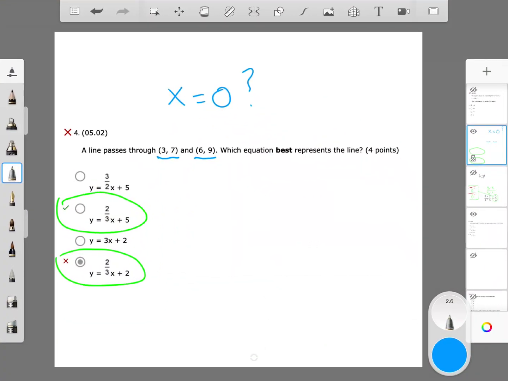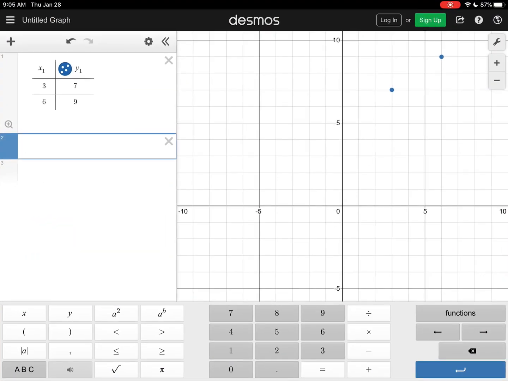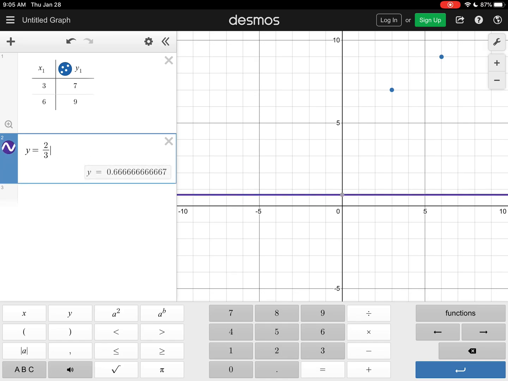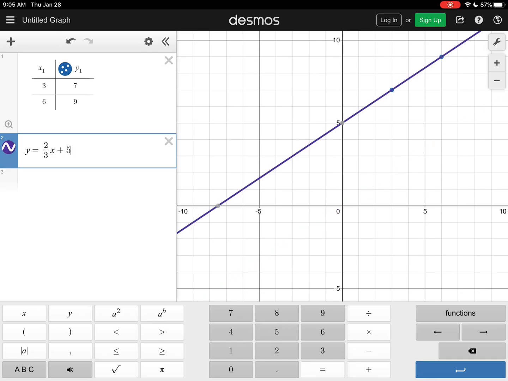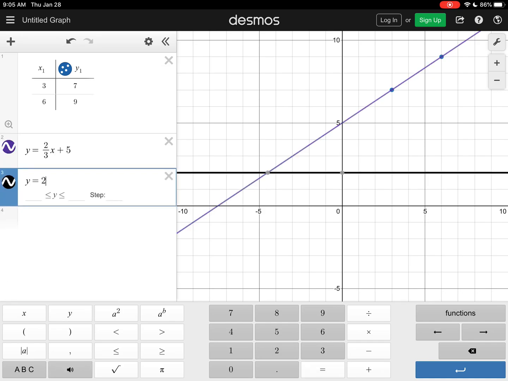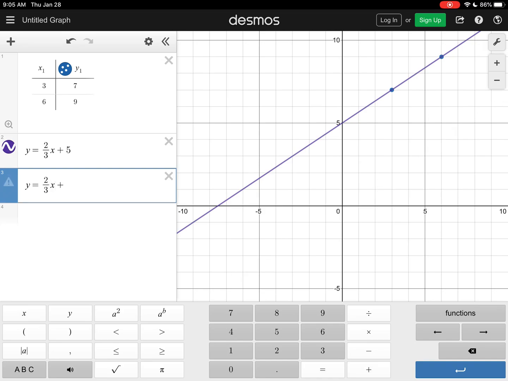Let's remind ourselves 2/3 x plus 5 and 2/3 x plus 2. Here is y equals 2 divided by 3 times x plus 5, and y is the same as 2 divided by 3x plus 2.